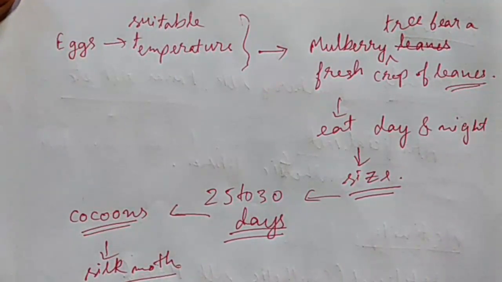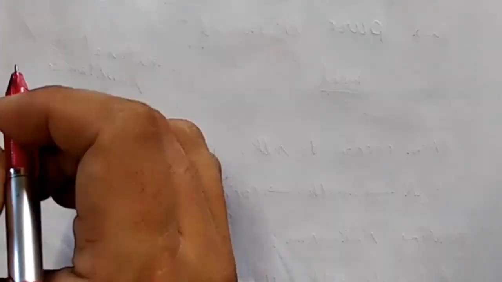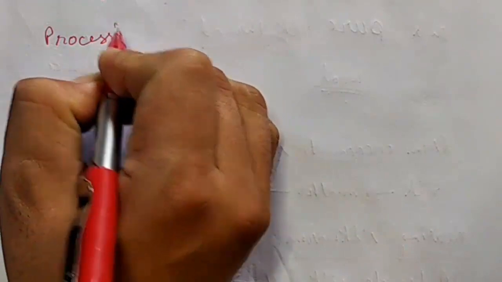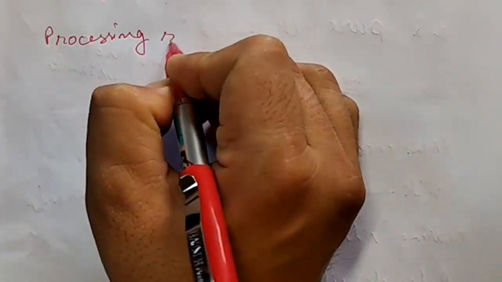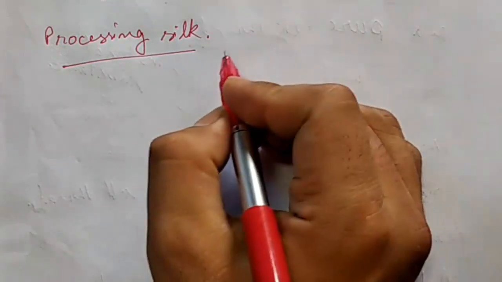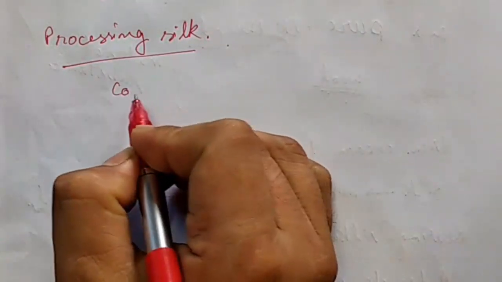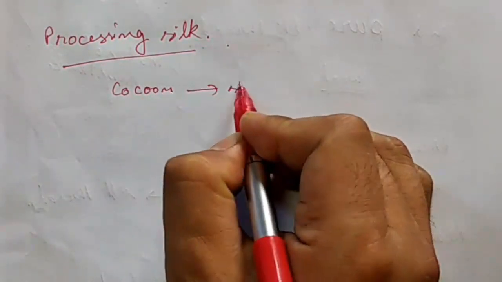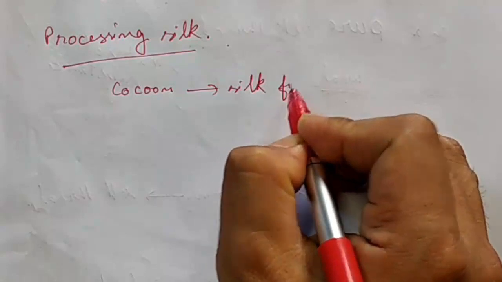And next, let's see the processing of silk. A pile of cocoons is used for obtaining silk fibers.